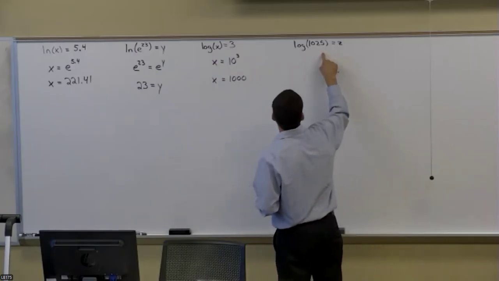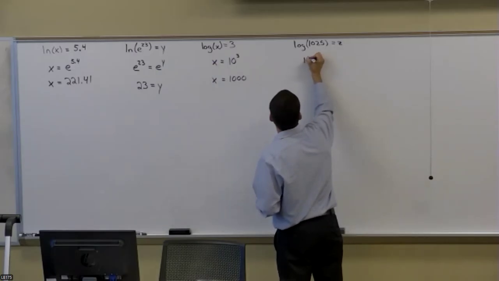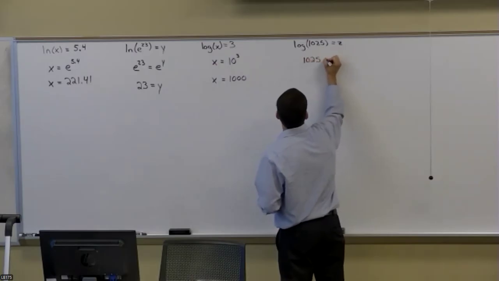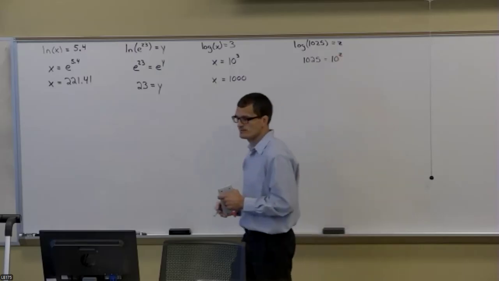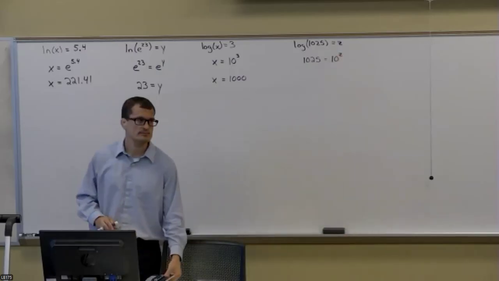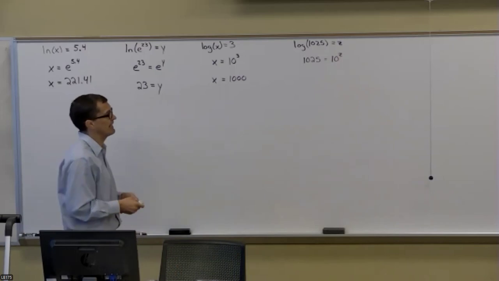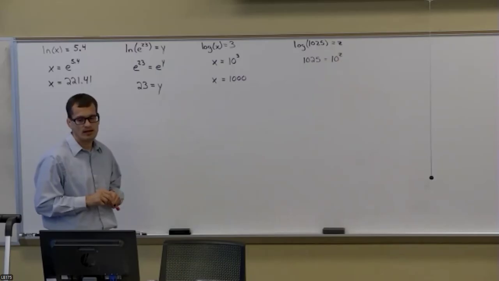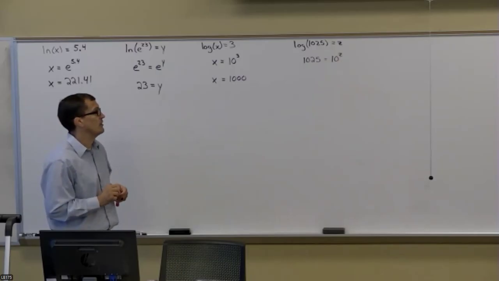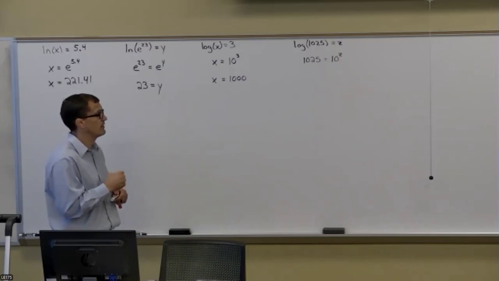Now here's where things get a little bit sticky. We have 1,025 is equal to 10 raised to the z power. If I rewrite that as an exponential, we'd ask, well, what power do you put on a 10 to get 1025?